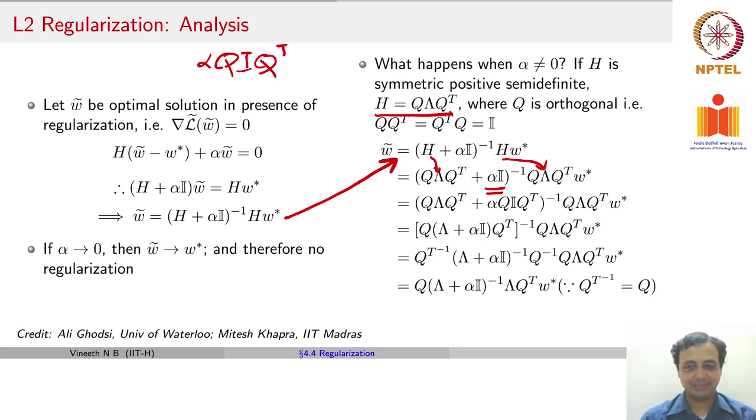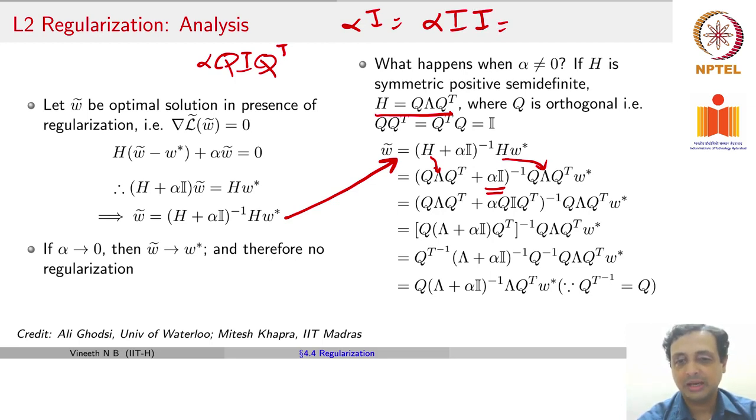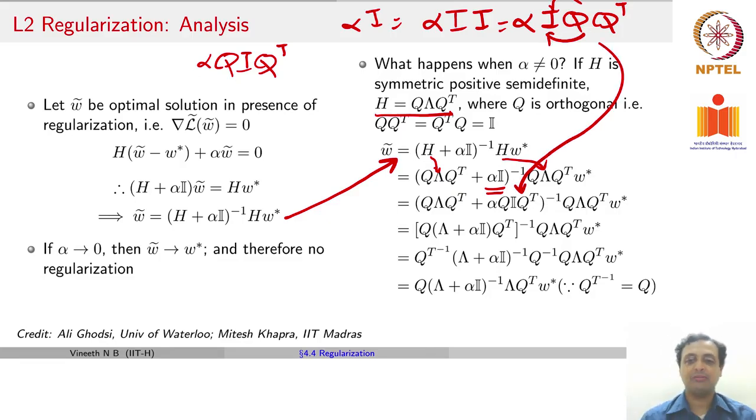It's the same thing because Q Q transpose is equal to I. So for example, this one alpha I can also be written as alpha I, two identity matrices, it doesn't matter. But then I we know is Q Q transpose, so I can write this as Q transpose, and then commutativity of IQ is QI. I can change it, and that way I'll get what I have here.